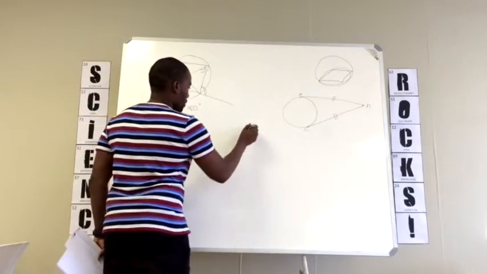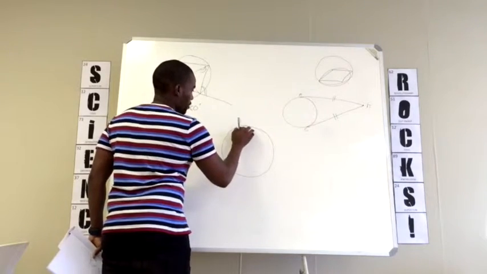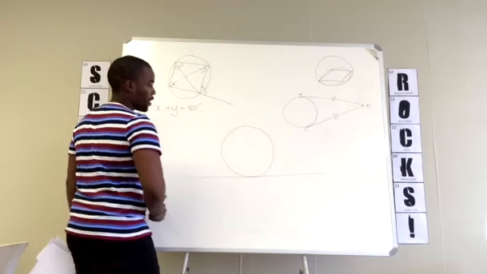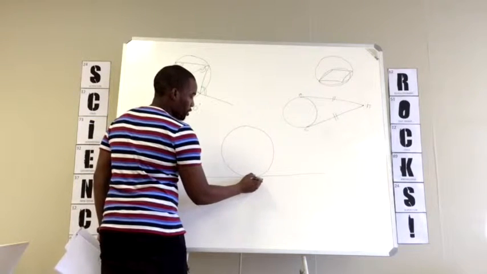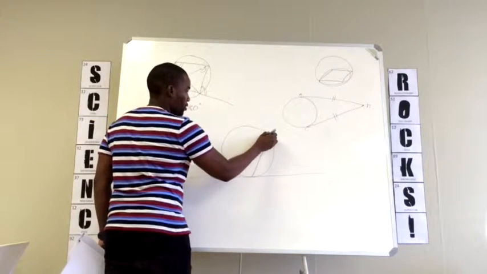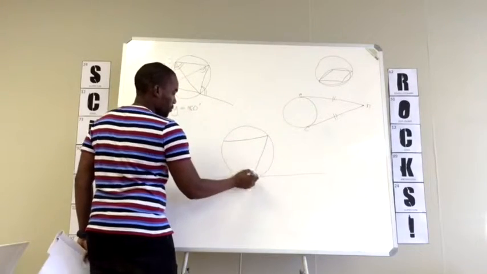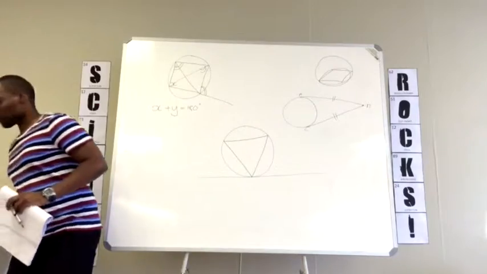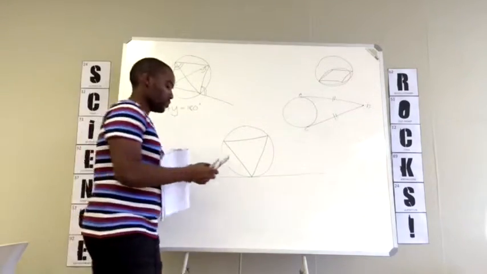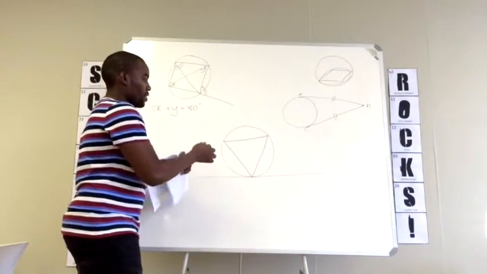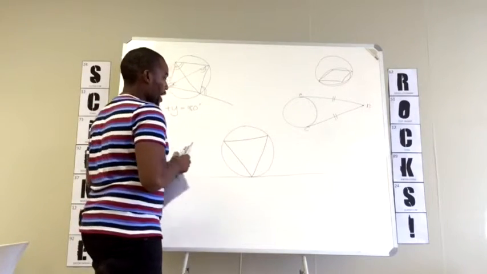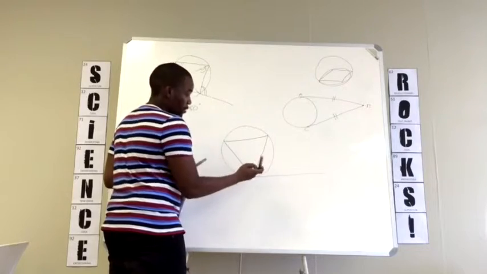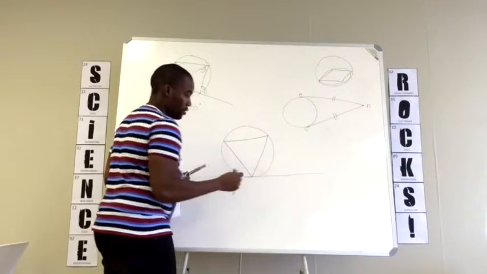Okay? Now the tan chord theorem, if I've got a circle there, and I've got a tangent to my circle coming that way. And then at the point where it's tangent, you have a chord that subtends an angle inside my circle. Use colors now. So at that point, the tan chord theorem states that the angle between my tangent and my chord, so this angle here, you guys see that?